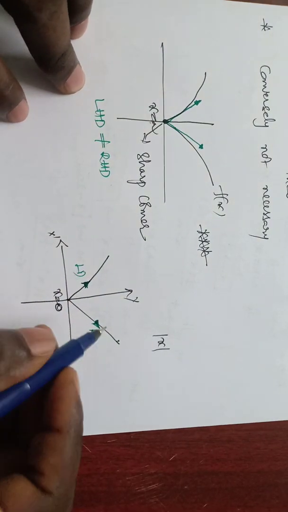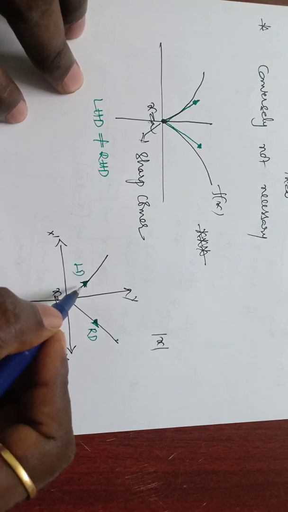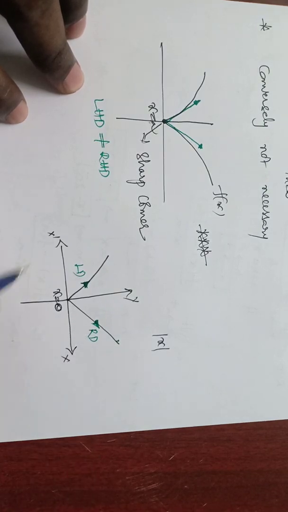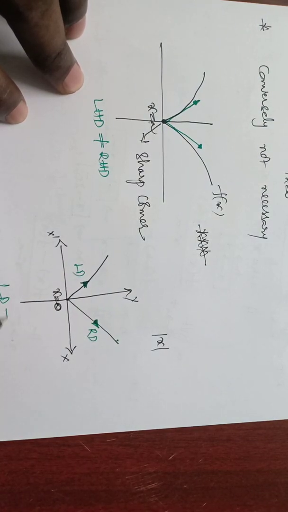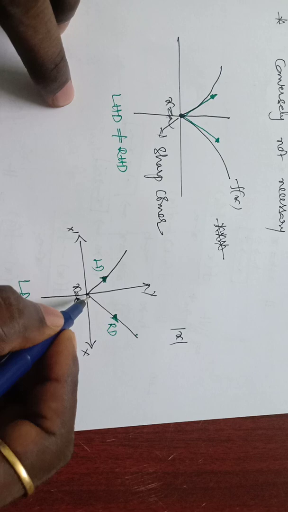Clearly, the left hand derivative is negative because it is in the second quadrant, and the right hand derivative is positive. Clearly the left hand derivative is not equal to the right hand derivative for the modulus function. Why? Because it has a sharp corner.